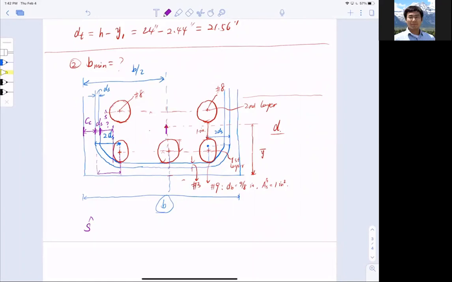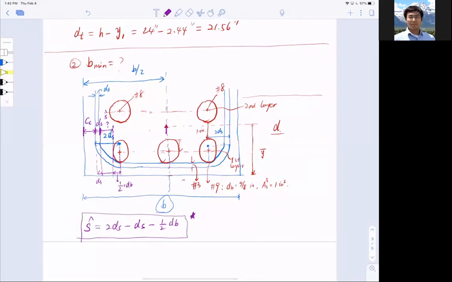Subtract a ds, then subtract half of the bar size. So S hat equals 2ds, subtract ds, and subtract half of the diameter of the bar. Very important.